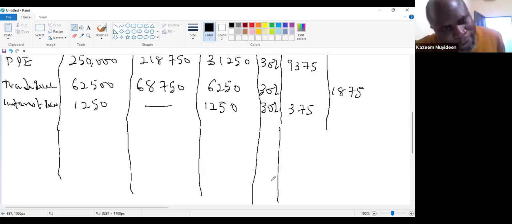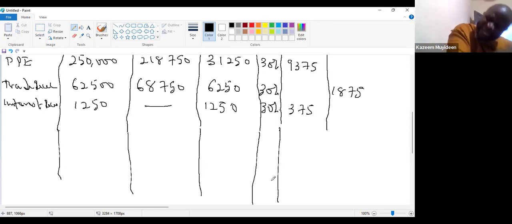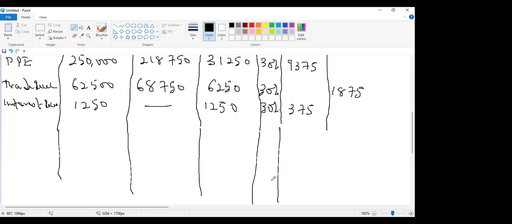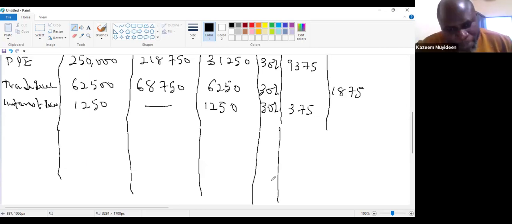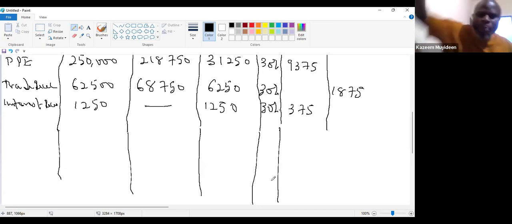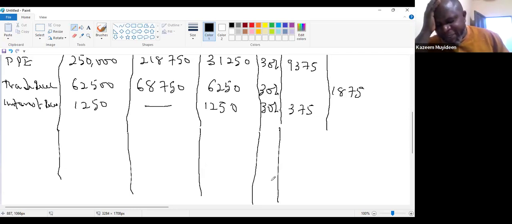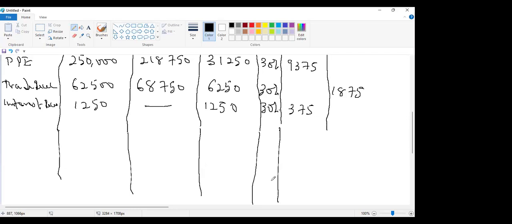The tax people do not understand provision for doubtful debt. They say, why do you give him a loan? That is the principle of accounting. It does not concern tax people. In the books of the tax people, it's 68,750 that is going to be there in their trade receivable, not 62,500.